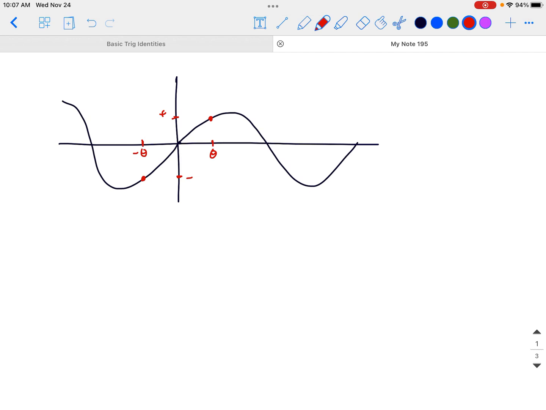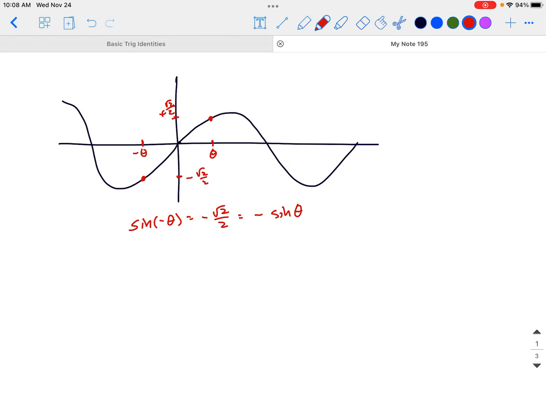So this will be positive and this will be negative. So we can see that sine of negative theta is going to be equal to, let's say, negative root 2 over 2. But that's the same as negative sine of theta, because this is positive root 2 over 2.